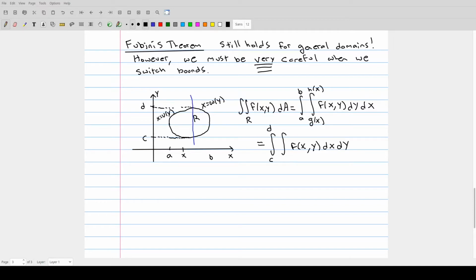What that means is that as we go in y from C to D, at any given specific y value, the lower bound is given by v of y, and correspondingly the upper bound is given by the point w of y, which is straight across.